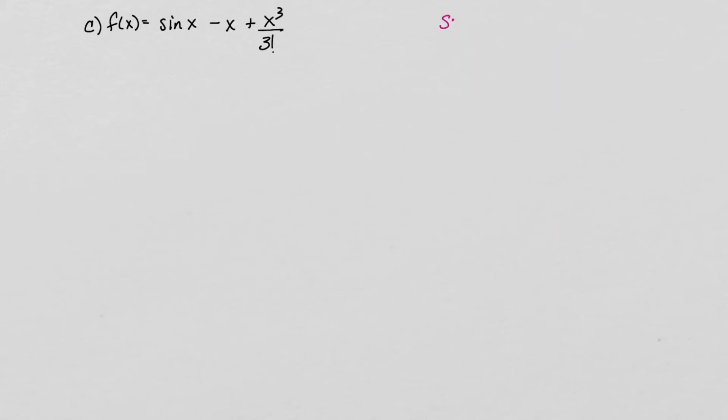So we've got f of x equals sine x minus x plus x cubed over 3 factorial. So again, we're going to use the sine of x is equal to the summation n equals 0 to infinity, negative 1 to the n, x to the 2n plus 1 over 2n plus 1 factorial.